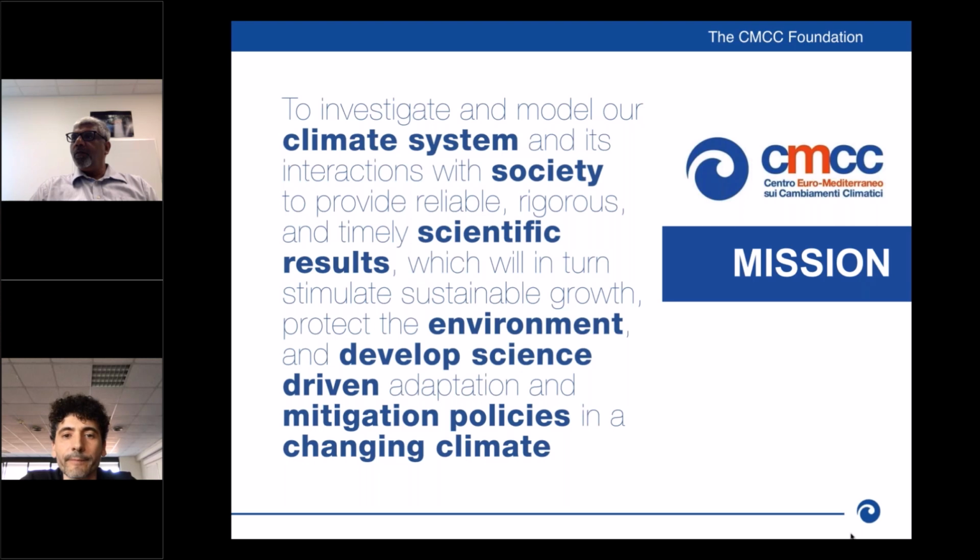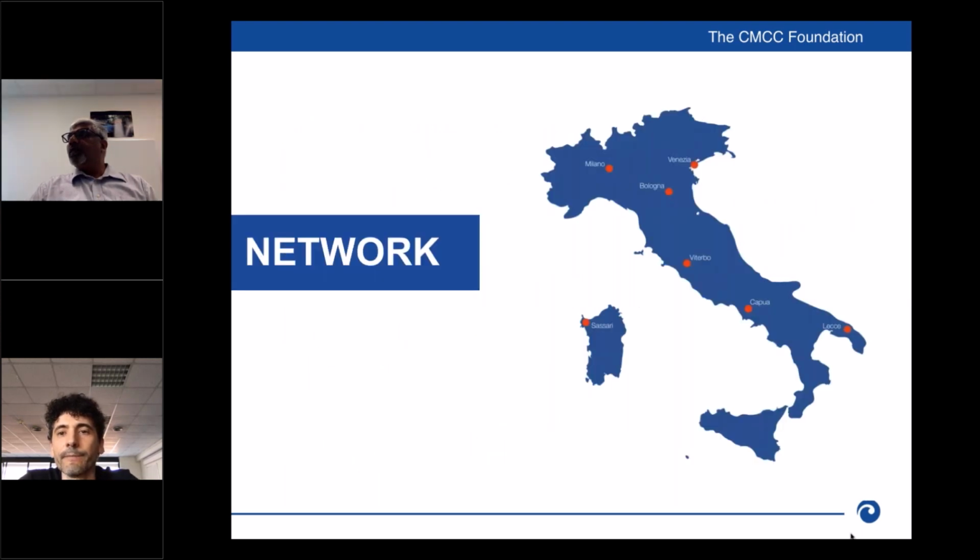The center is organized as a network distributed throughout the country, with locations in Lecce, Bologna, Capua, Milan, Sassari, Venice, and Viterbo, which involves and connects public and private entities working together on multidisciplinary studies concerning issues of interest to climate scientists.